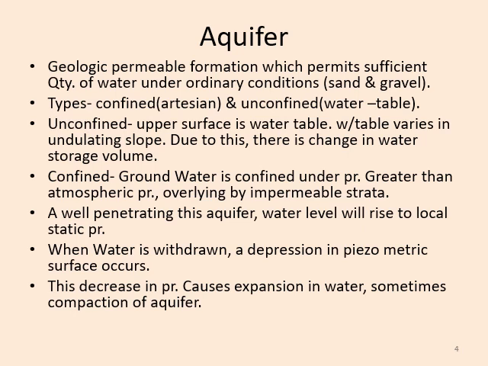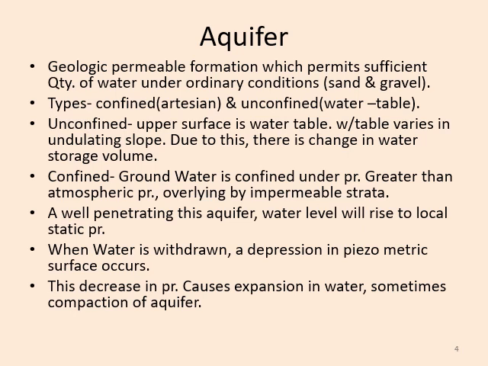Obviously, the water table will not be constant or at a fixed level everywhere. It will vary according to the ground level and the geologic formation of various areas, and it will be an undulating level or slope.